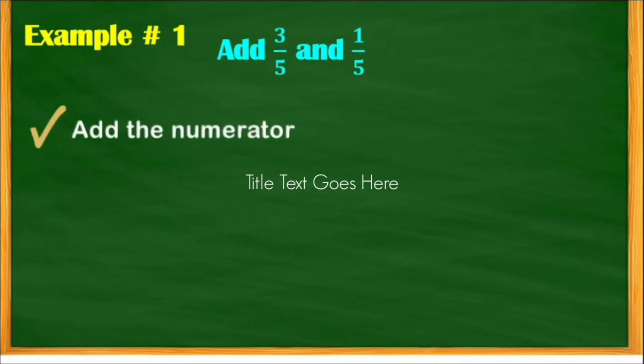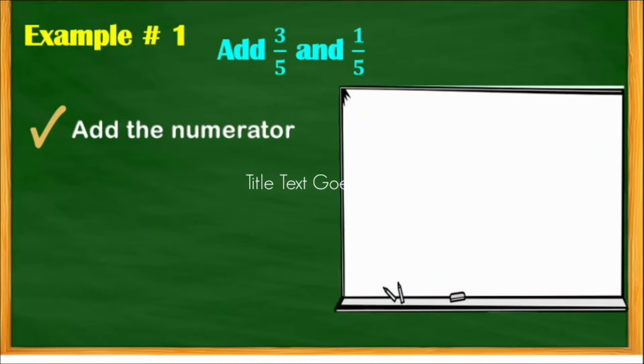Let's follow the steps using the solution bar. We're going to write first our given, 3/5 plus 1/5.